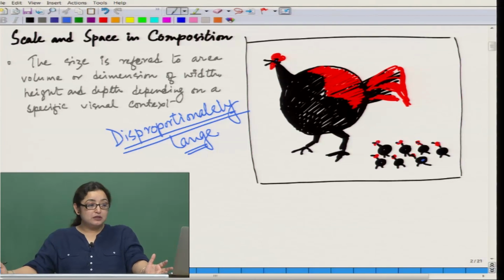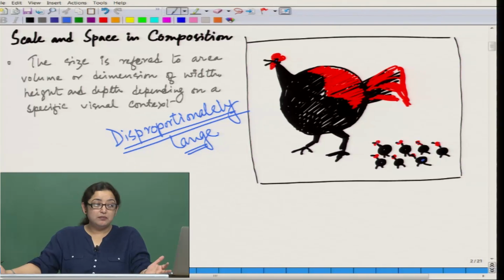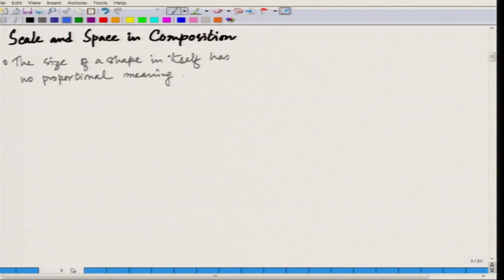Such an element could communicate a theme, it can be visually disturbing, but as long as it communicates a theme which is relevant, it can be incorporated in the picture and it does not look disturbing to our eyes in that particular context. So, the size of a space in itself has no proportional meaning unless we decide to see it in comparison to something else.